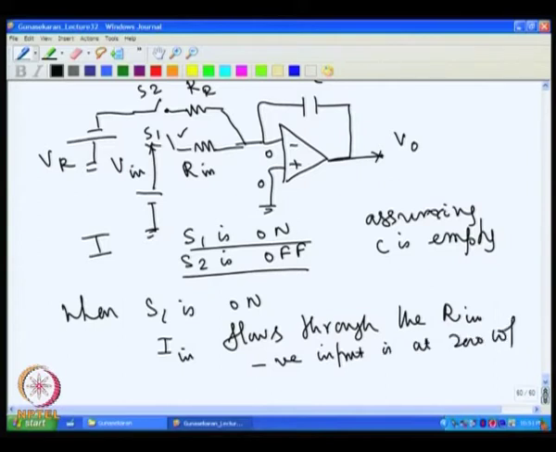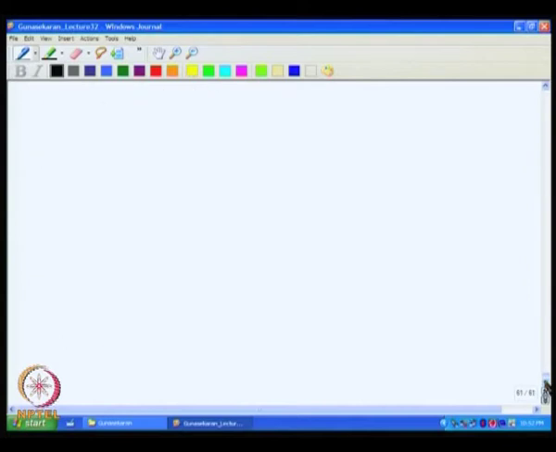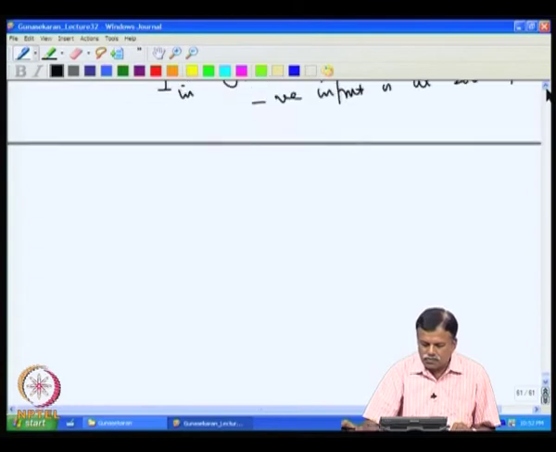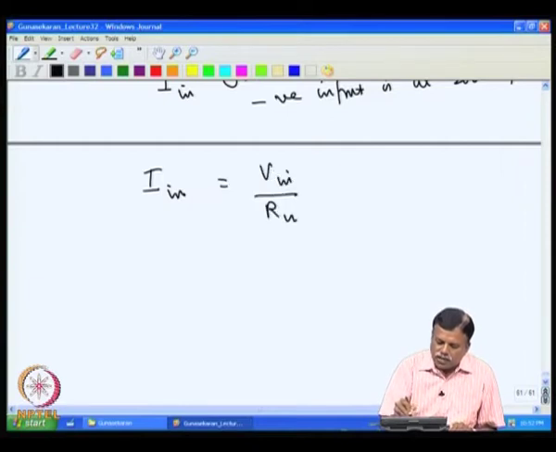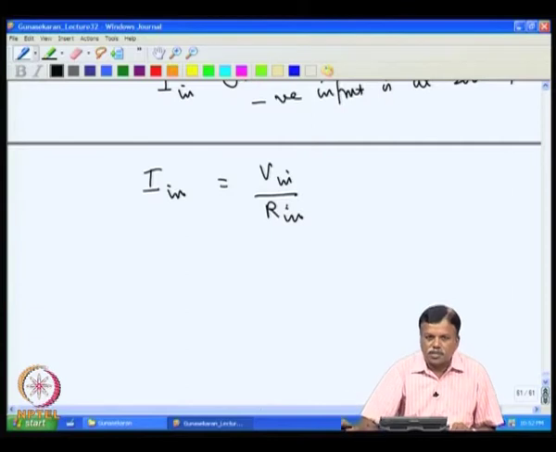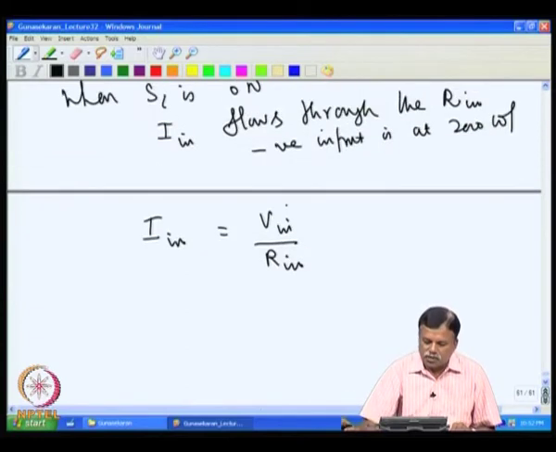So what is the current through R in? I input current would be equal to V in divided by R in, because the minus terminal is at 0 potential, that is the current that is actually going through this.